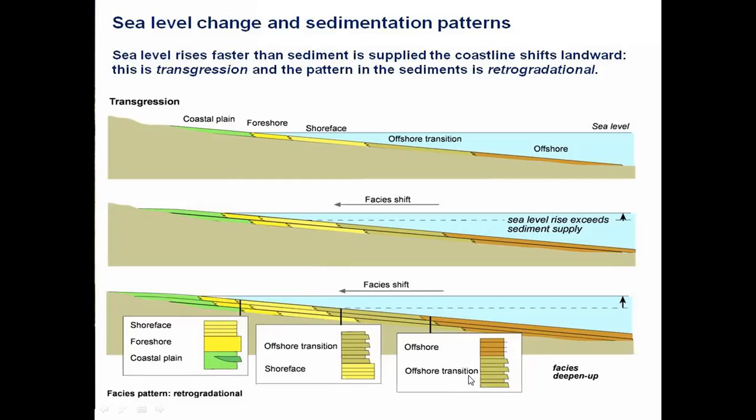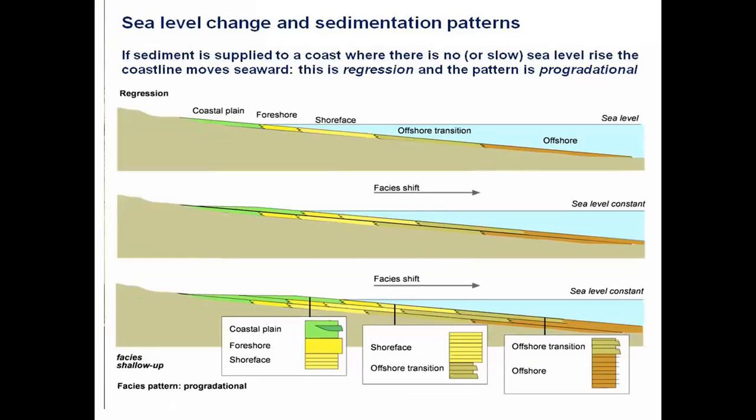So these are some of the facies changes, and facies deepen up. And these are the characters which can be applied to relate the shoreline change, whether the sea is transgressing or the sea is regressing.